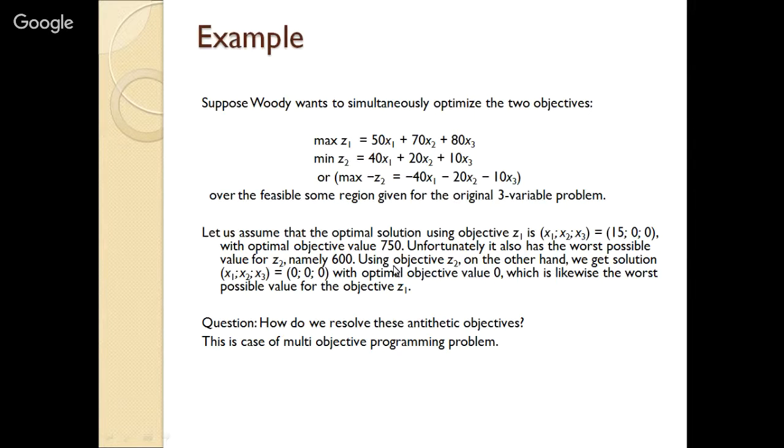So using Z2, on the other hand, we get the solution 0, 0 with optimal objective value 0, which is likewise the worst possible value for the objective function Z1. So both the functions are conflicting in nature.